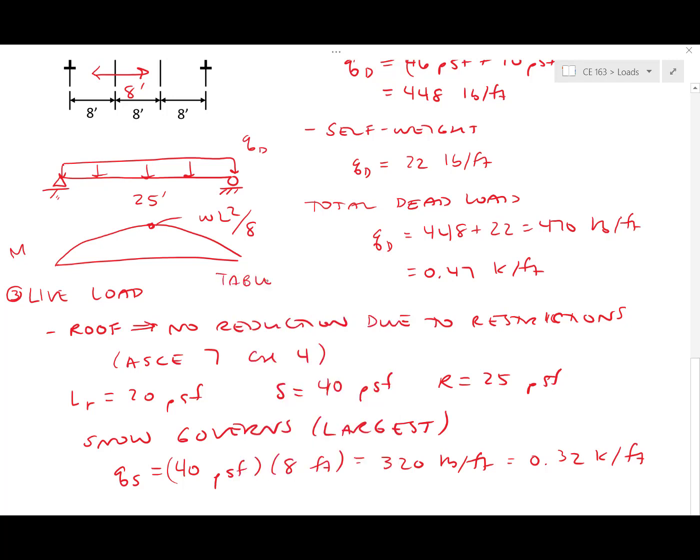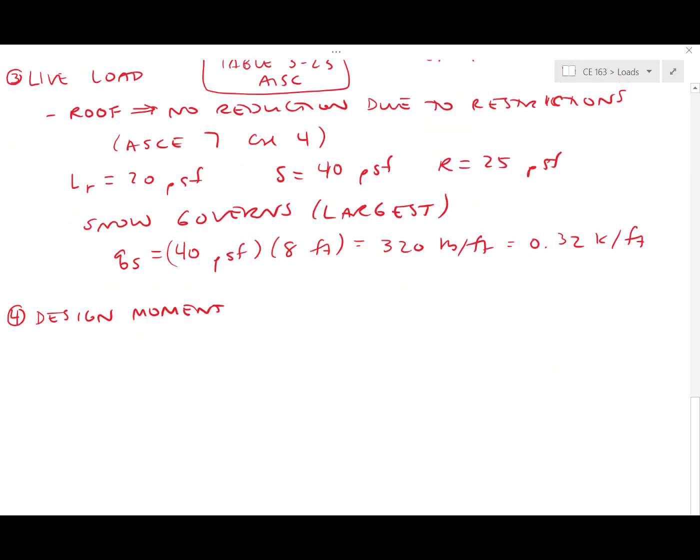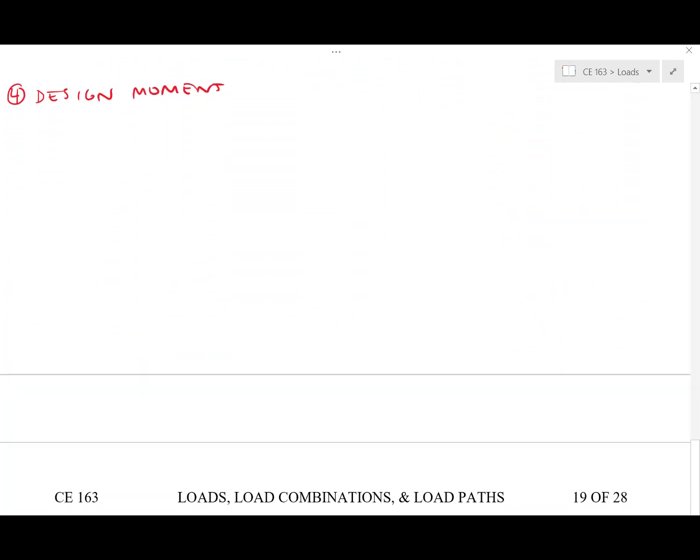Right? If you don't remember that, look at Table 3-23 in the AISC manual for the moment diagrams. Alright, so let's look at our design moments. We're going to have a moment due to that dead load, Q sub D L squared over 8, which is 0.47 times the length of 25 feet.